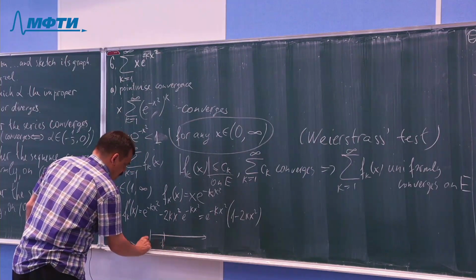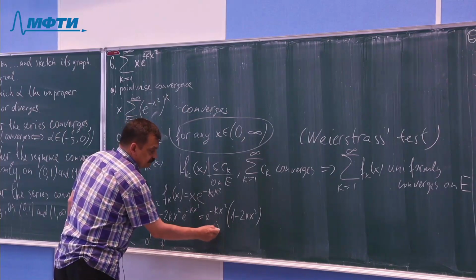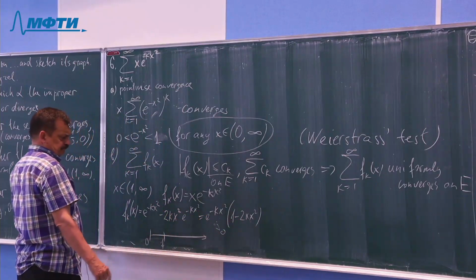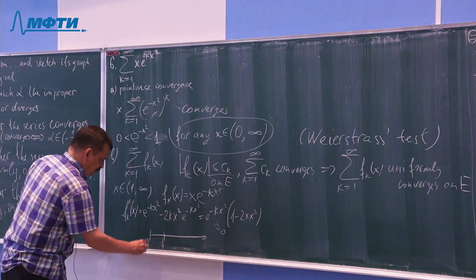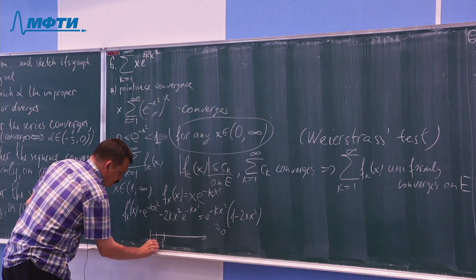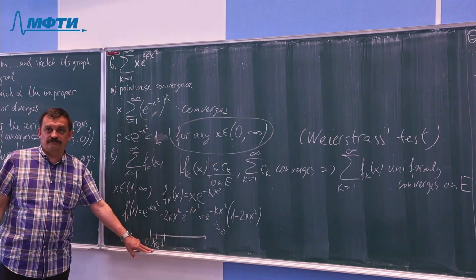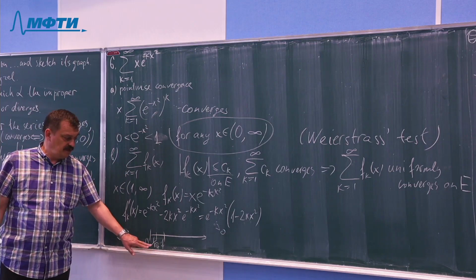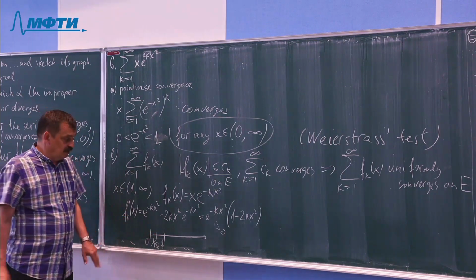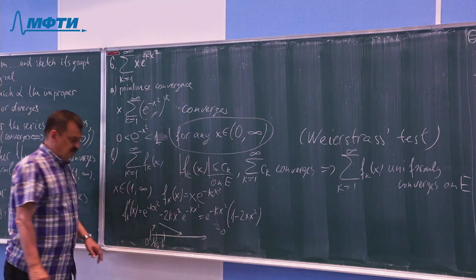In fact, what happens from 0 to infinity? The derivative is positive until 1 over square root of 2k appears somewhere. That is a number which is smaller than 1. So here it is decreasing, here increasing.